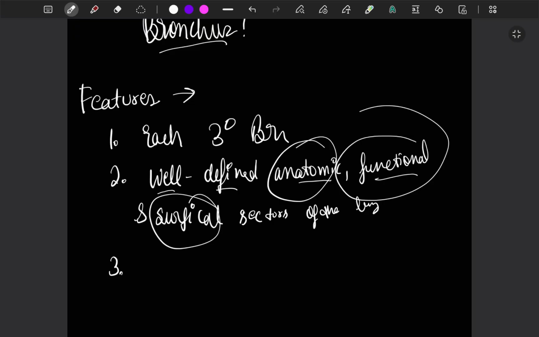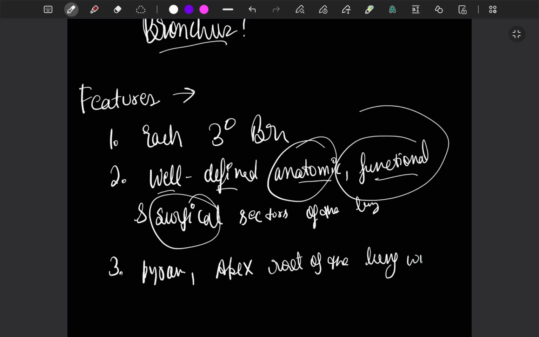Then each segment is pyramidal in shape with its apex towards the root of the lung, with base directed downwards.